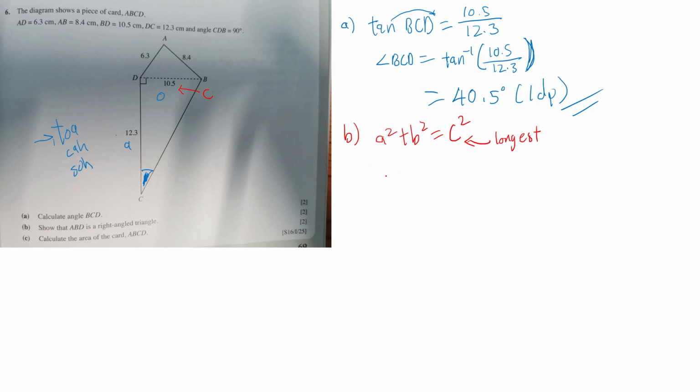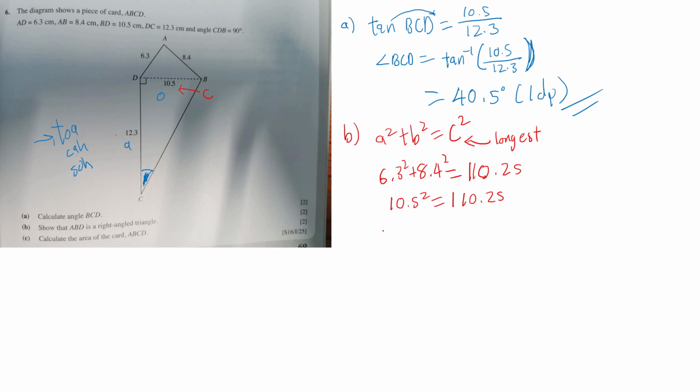So we want to find out whether A square plus B square is equal to C square. So very simple. 6.3 square plus 8.4 square. What do I get? It is equal to 110.25. Then we check whether 10.5 square is equal to, 10.5 square is also equal to 110.25.